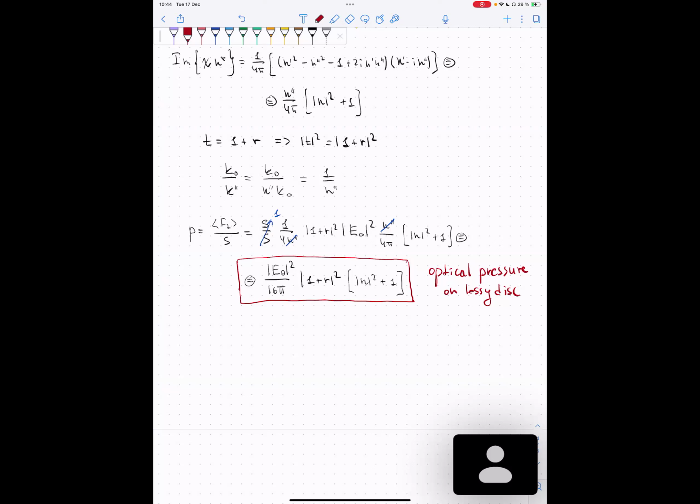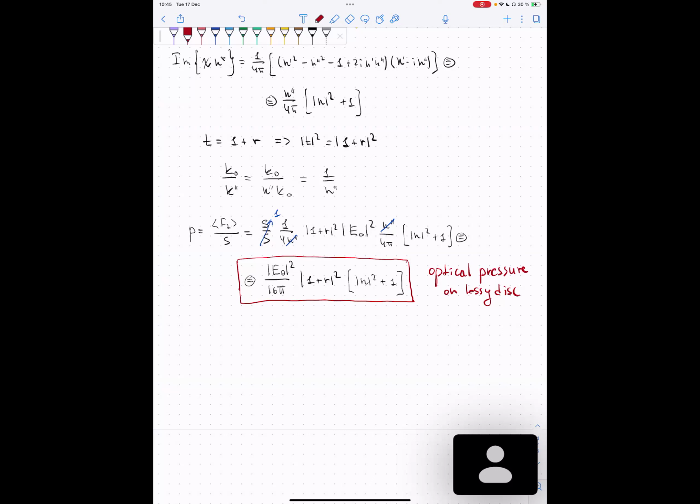So what we did here, we basically just took the expression for the Lorentz force density and integrated this expression over the whole volume of our scatterer. But actually, this is not the only way to calculate optical pressure, and it is not even the most convenient way.